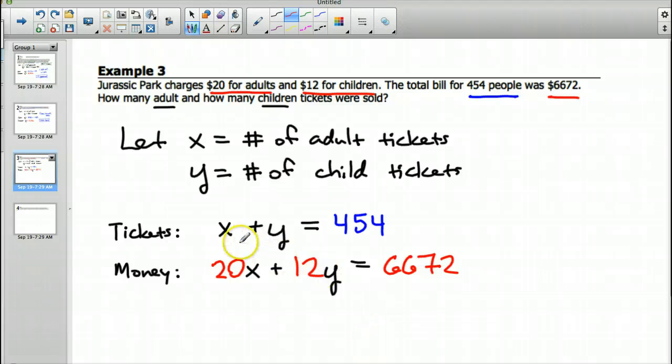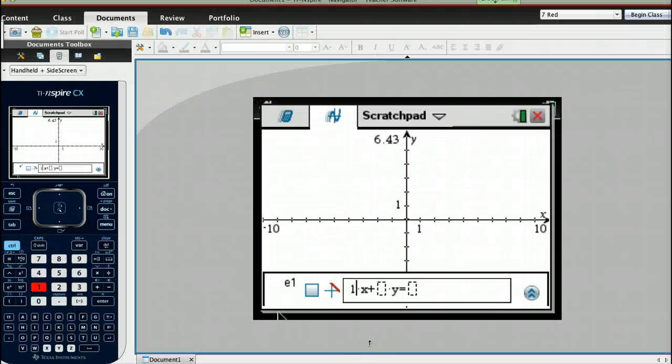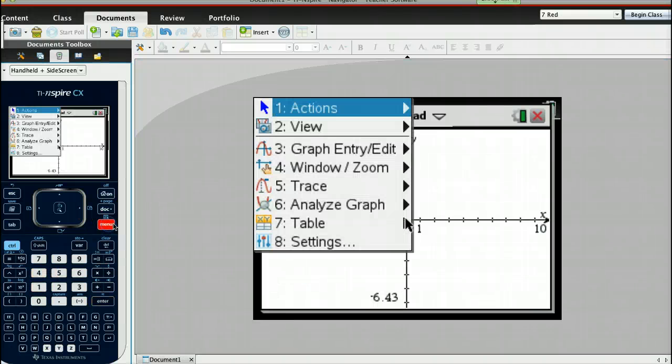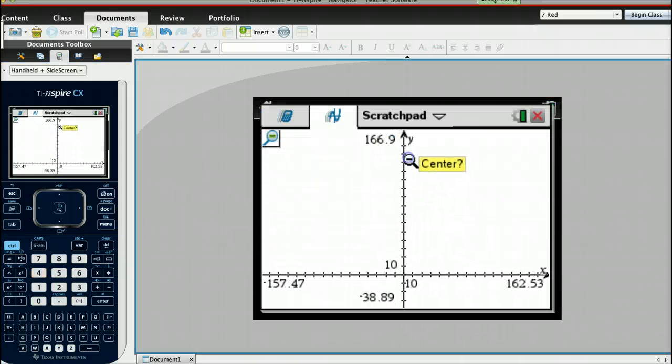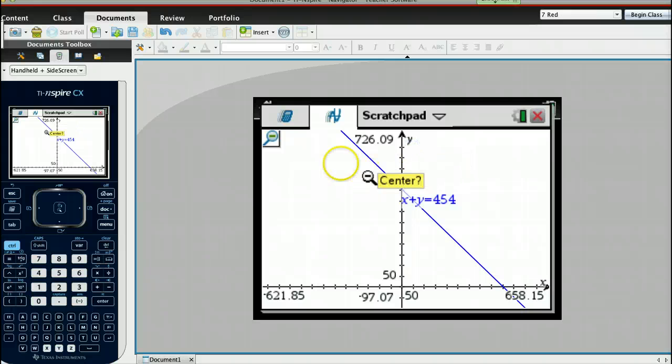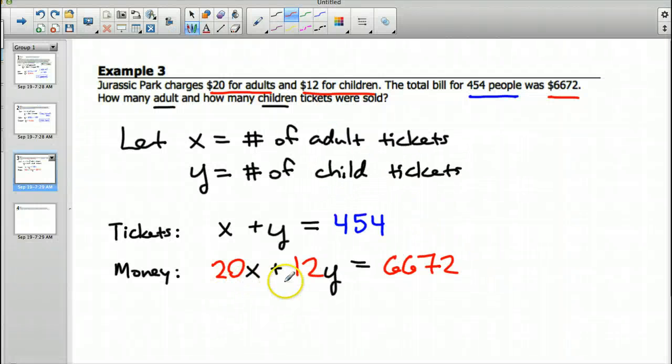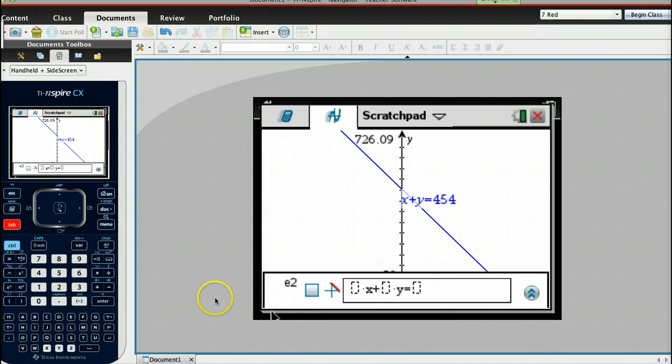Our first equation is x plus y equals 454, so that would be 1x plus 1y equals 454. Again, I want to zoom out for this one. And 454 is going to be way up here, so that's pretty good zoom out. And then for my money, 20x plus 12y equals 6672.